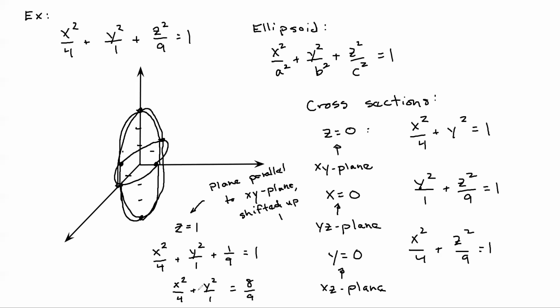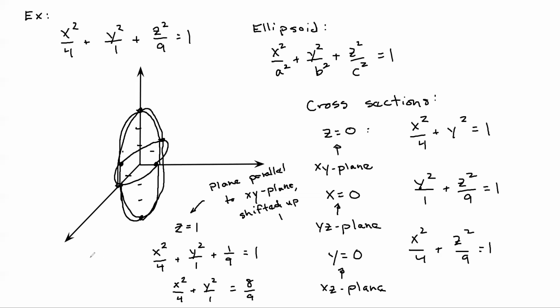Okay, and then this is an ellipse. The way that you can recognize an ellipse in terms of the equation is that if you have x squared and y squared and they're both positive and the denominators are not the same, right? So since we have 4 and 1, we're going to have an ellipse here. And the form for the ellipse is you divide over the 8/9.